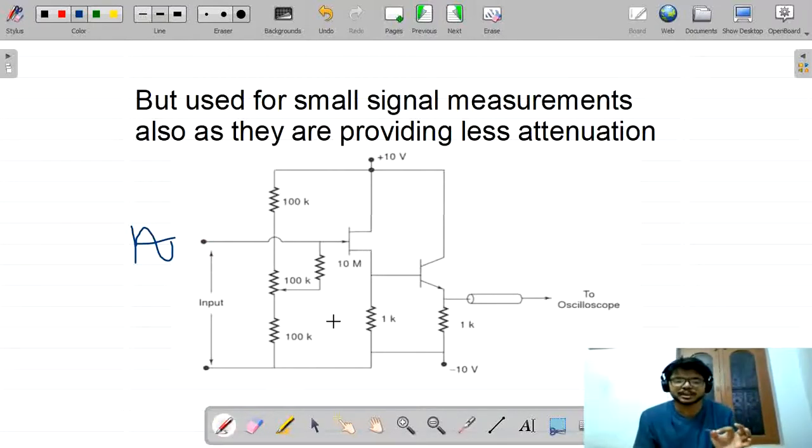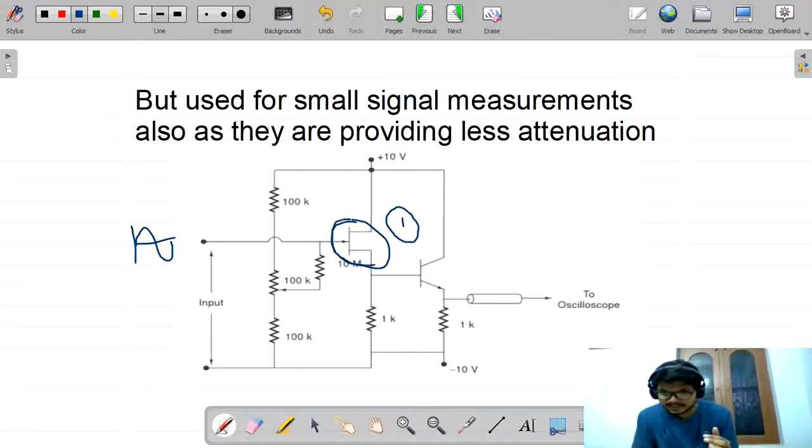And the second point, we know that this circuit provides a unity voltage gain. Then how can we improve or increase the input impedance? To increase the input impedance we are using this BJT circuit.